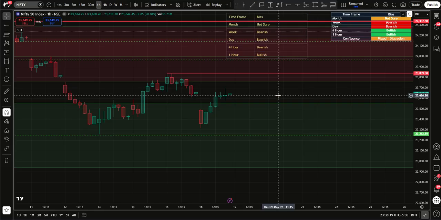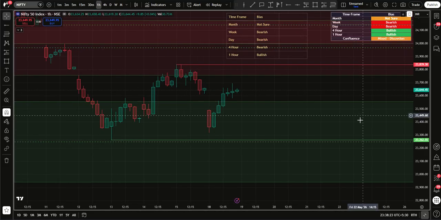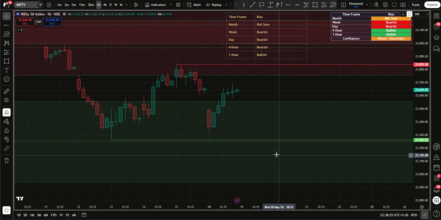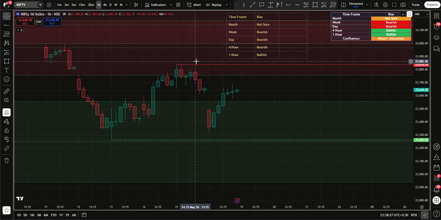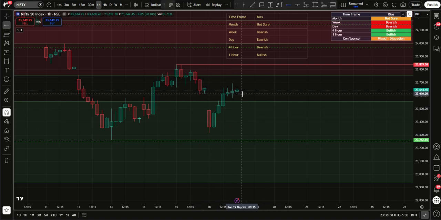It's bullish on a hourly time frame. If it's bullish on an hourly time frame, then this is the next target. That's already marked. And buyers are right here in this level.